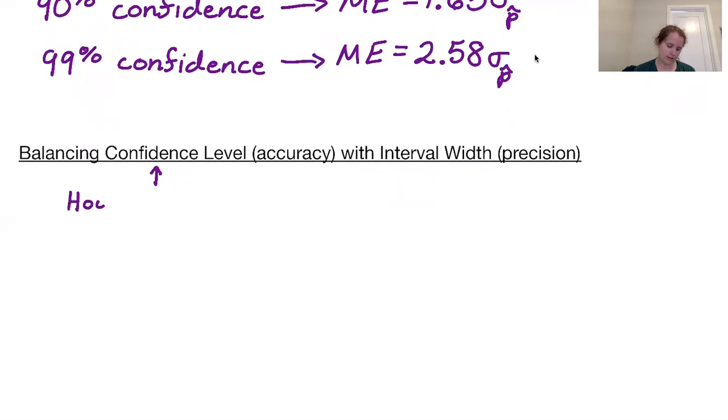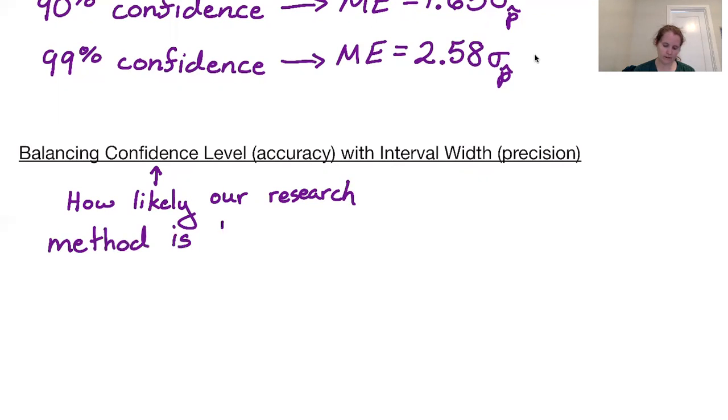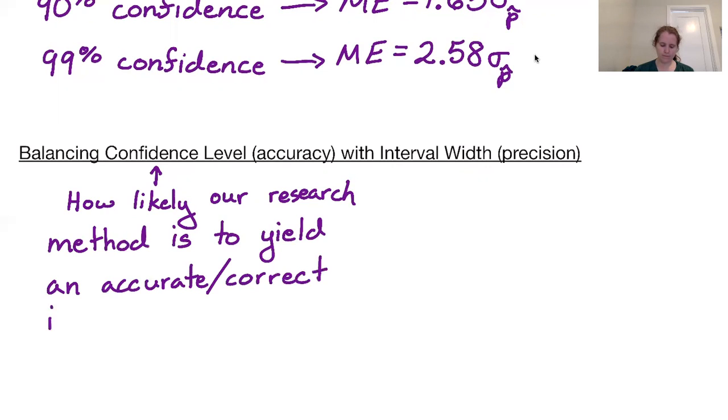So this is how likely our research method is to yield an accurate or correct interval that actually contains the true population proportion.